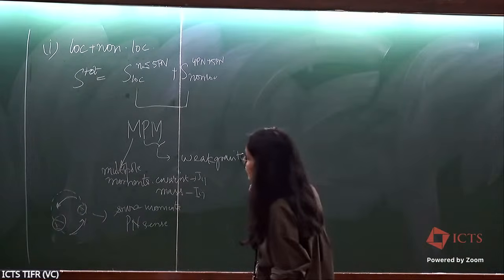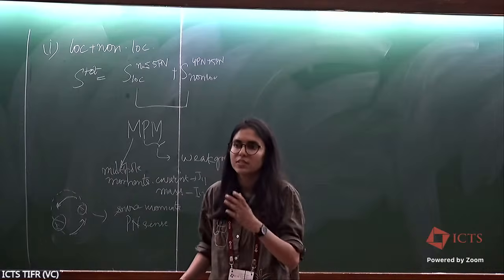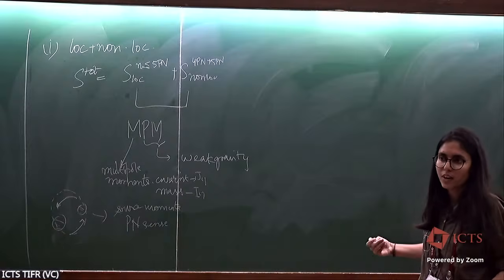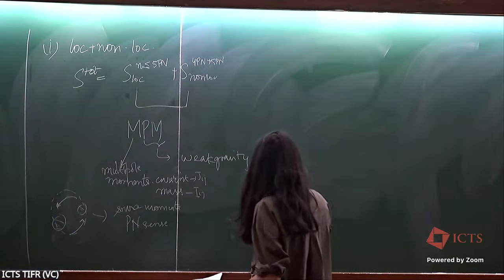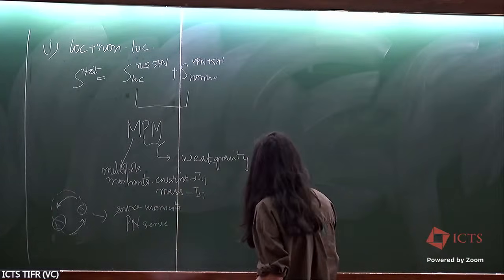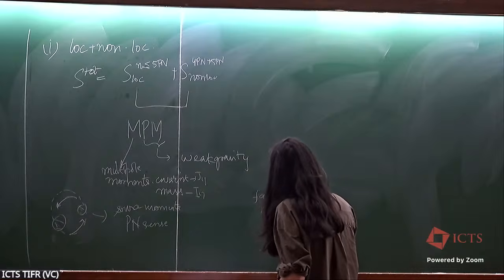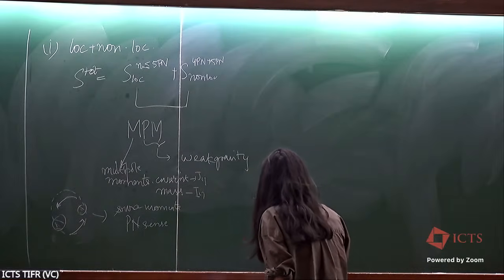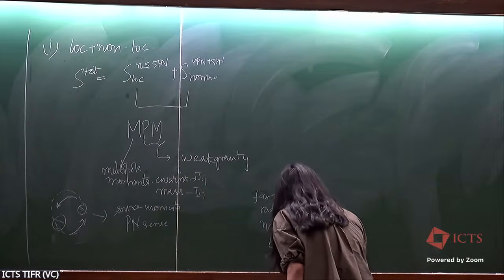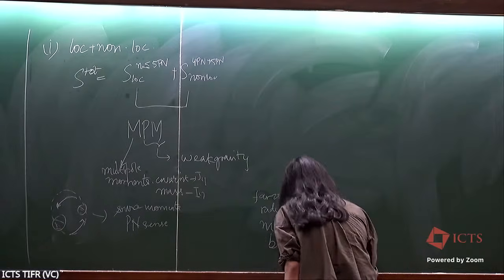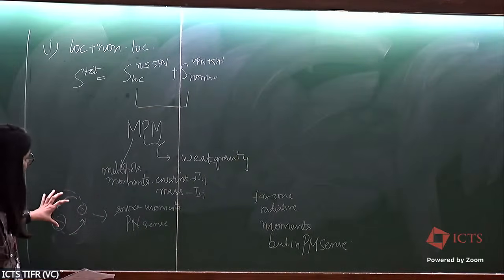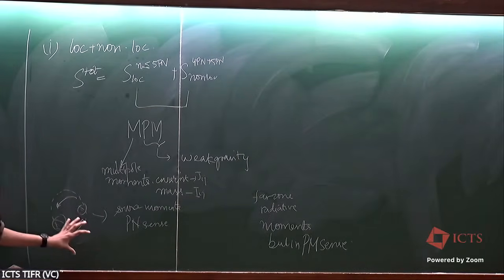In the far zone, you can't consider small velocity because gravitational waves are moving with the velocity of light. So you can only consider weak gravity because you are quite far away from the source. So in the far zone, you compute the radiative moments, but in the PM sense. And the idea of MPM is to capture the propagation of the waves from the near zone to the far zone.